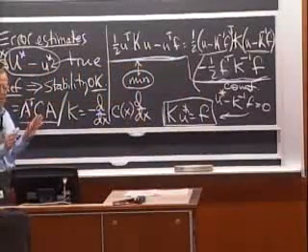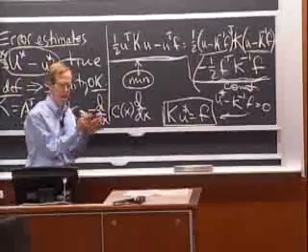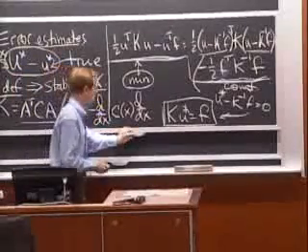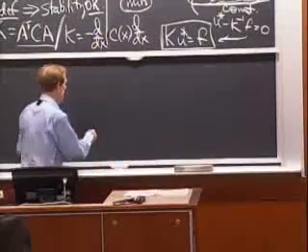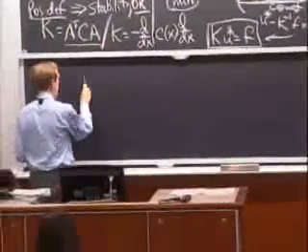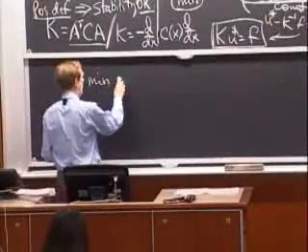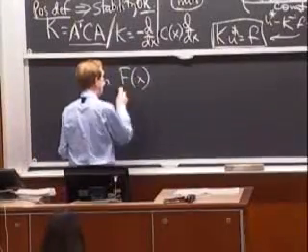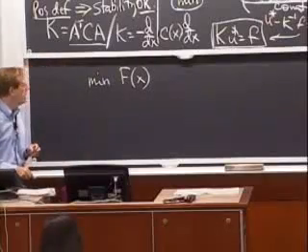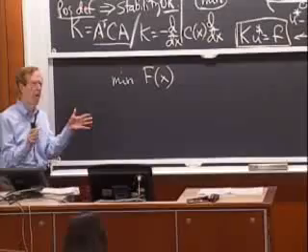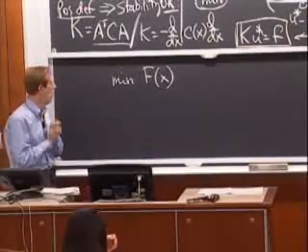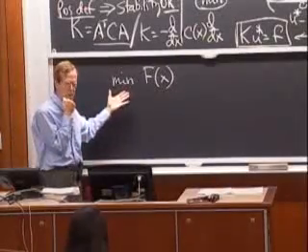Let me take a one minute time out on a board. Optimization is about the problem of minimizing some function f of x. I'm just going to take one minute on the problems of an author. What do you call the winning function?